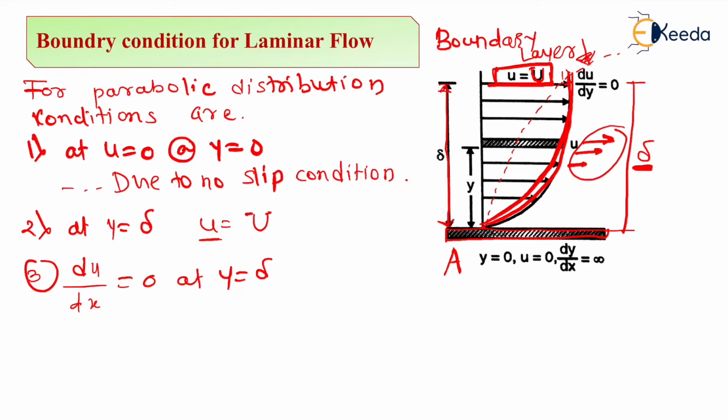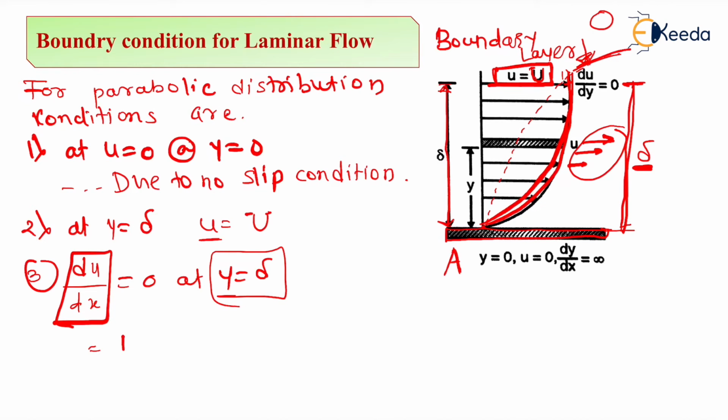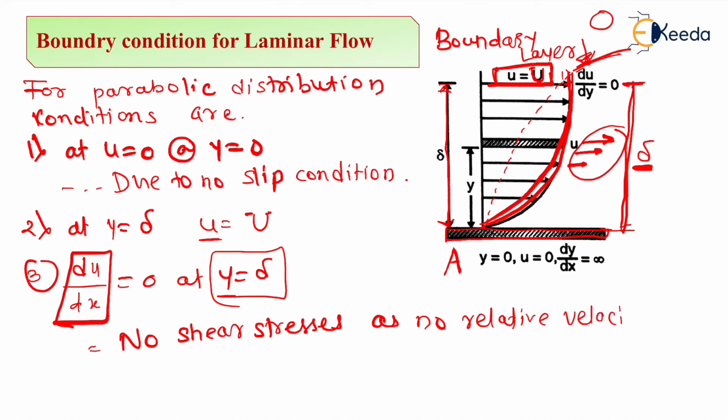These velocities change, so the velocity gradient exists in the boundary layer, but it is 0 outside the boundary layer, and its start is from the thickness of the boundary layer, that is this distance delta. So at y equal to delta, the velocity gradient is equal to 0, that is, no shear stresses as no relative velocities in the boundary layer.